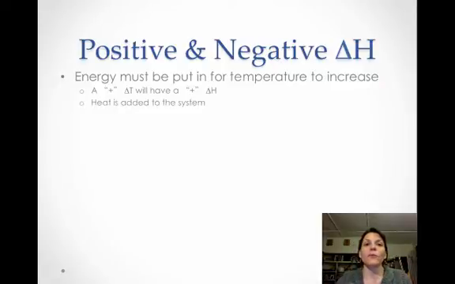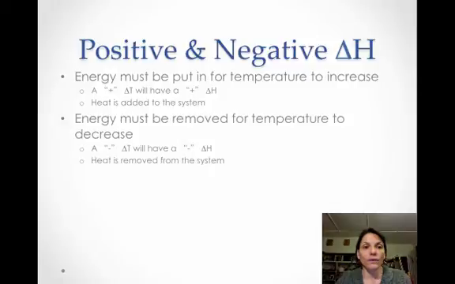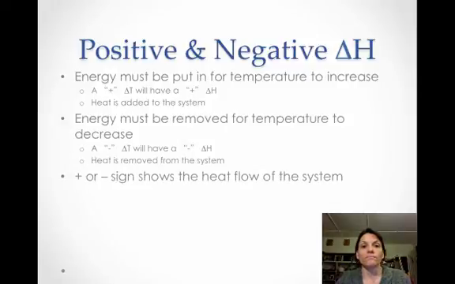If energy is removed, then the temperature decreases. So the system has a negative delta T and therefore has a negative delta H, so heat is being removed from the system. Okay, so the positive or negative sign shows you the flow of heat in the system.